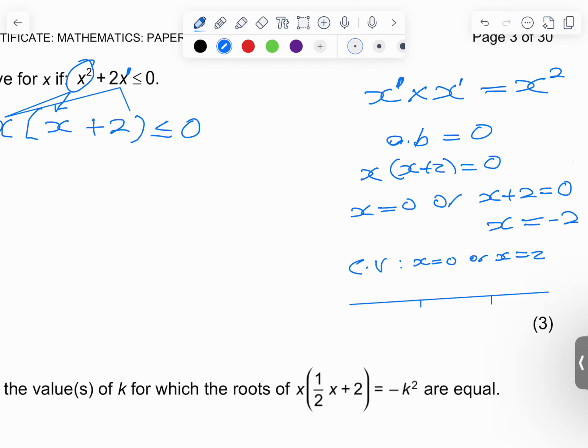So between 0 and negative 2, which one is the smallest critical value? Negative 2 is. So 0 is bigger than negative 2. Because the inequality has an equal, because this line at the bottom here means equal, your critical values will be shaded.